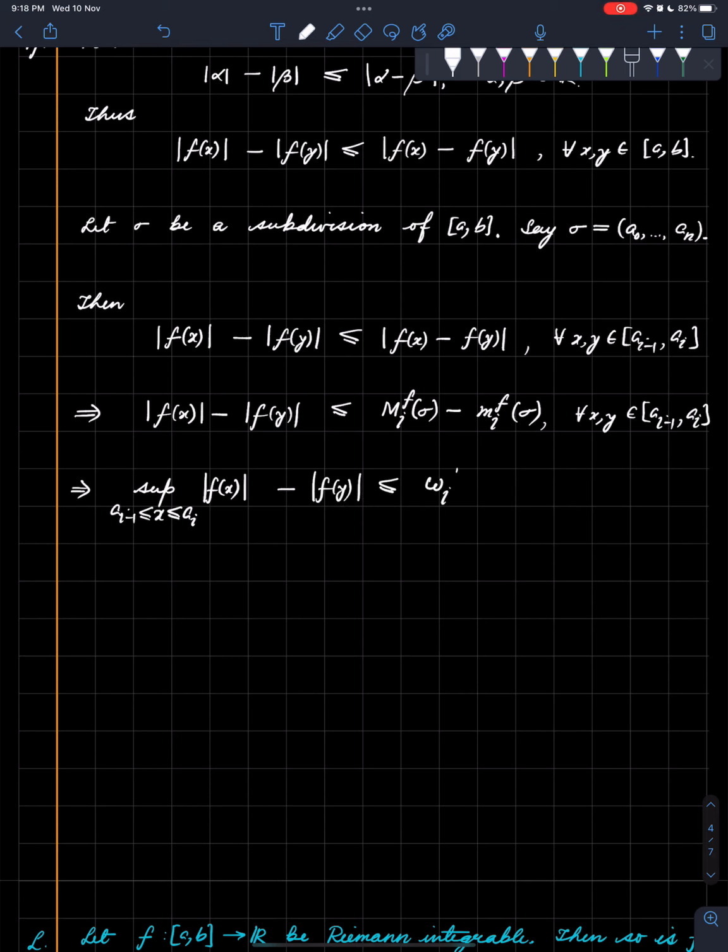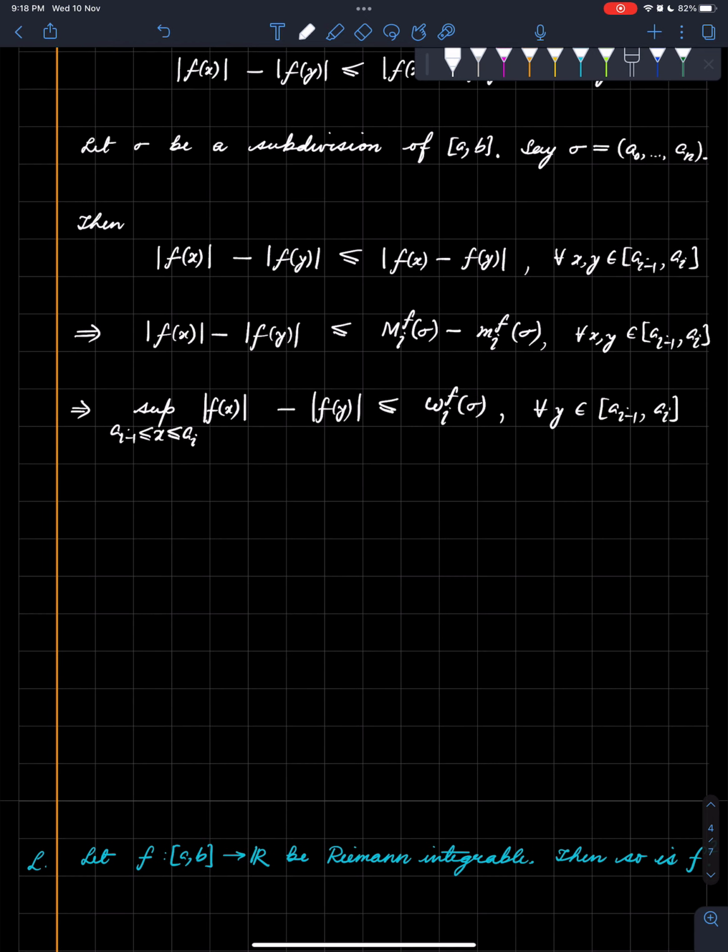As I introduced this notation, instead of writing that, I will write this. This is for all y in the ith part. I've already taken the supremum over x, and this implies, well, the supremum is the ith part of the absolute value of f over sigma.